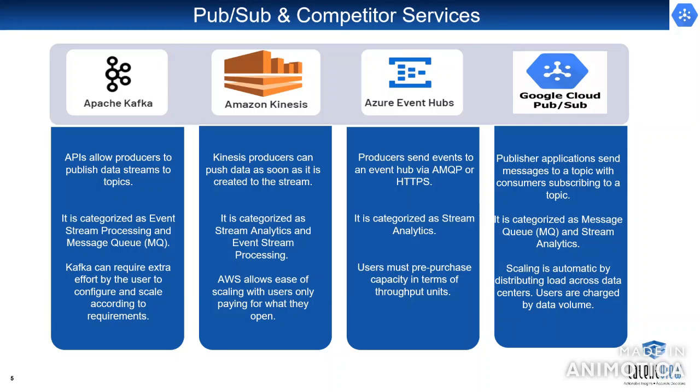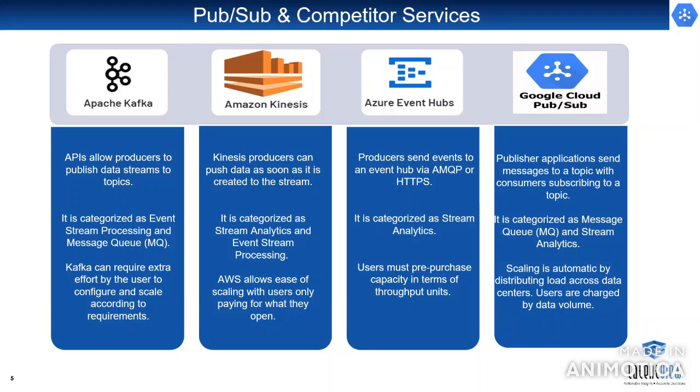For example, if the user wants to send messages which are bigger than 1 MB, it's better to choose PubSub compared to other services. And if the user wants partitioning which is not under the user's control, it's again better to choose PubSub, because in other services, users have control of changing the shards or the partitioning capacity manually.